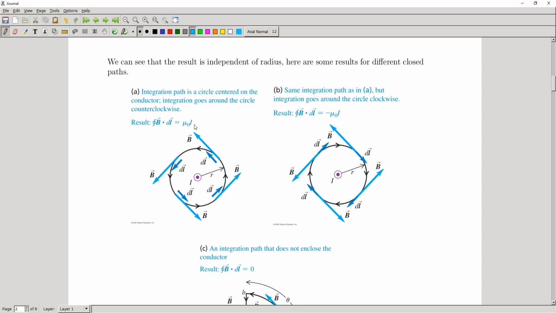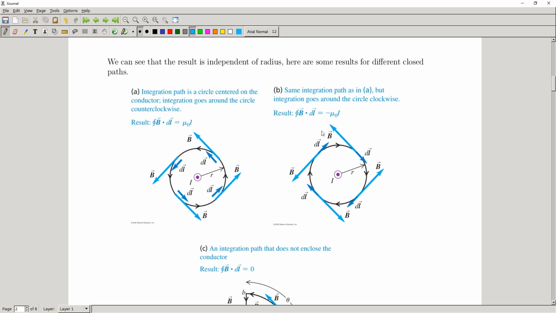Because we can generate the direction of our magnetic field using a right-hand rule if we know the direction of our current, and if we choose the direction of the integral we're doing to be the same, then the right-hand rule is going to suggest a positive direction for us all the time.